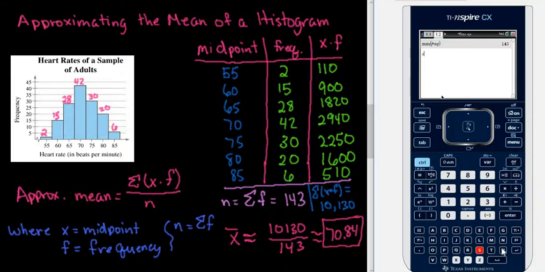I can do the same thing again. I can also go up and grab the one from before, but sum is not that hard to type out. So I can do the sum, and then again my XF, and that gives me the 10,130 that I got before. And then if I wanted to, I can do the 10,130 divided by the 143.